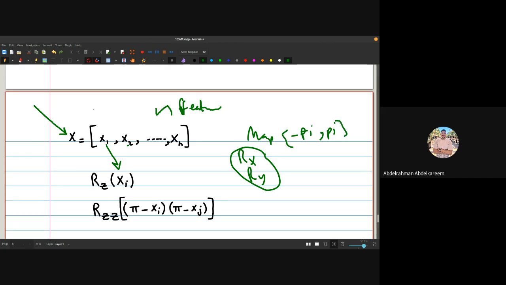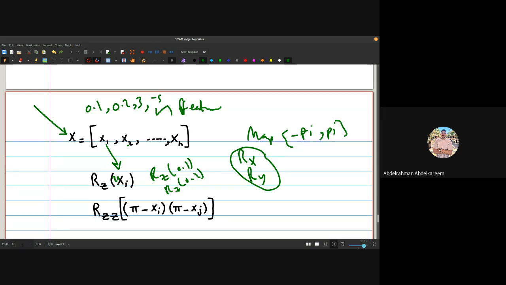So if it's, let's say, 0.1, 0.2, 3, -5, we will do RZ with 0.1, RZ with 0.2 directly. There are other papers or work that multiply the value by 2, as in the gate itself, the value is divided by 2.